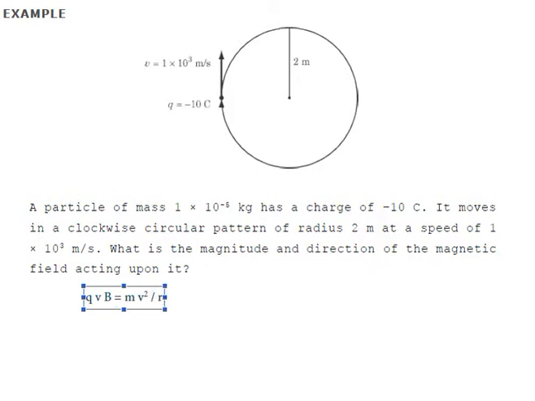Since we want to solve for B, we could rearrange this equation to look like B equals mv divided by qr. So with the numbers that we have, 1 times 10 to the minus 5 kilograms. The speed is 1 times 10 to the 3 meters per second.